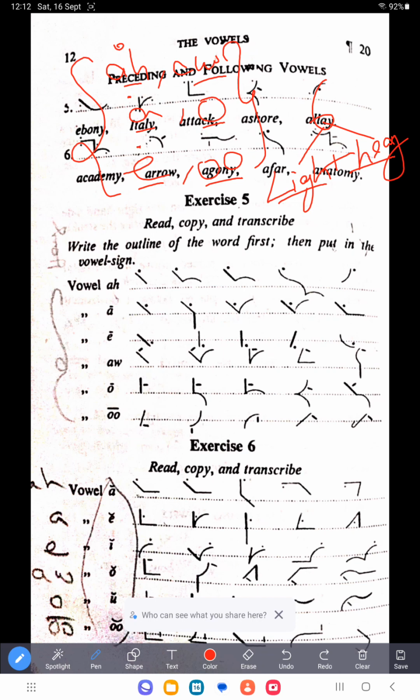Now coming to the sounds O, U, these sounds are represented with a dash.